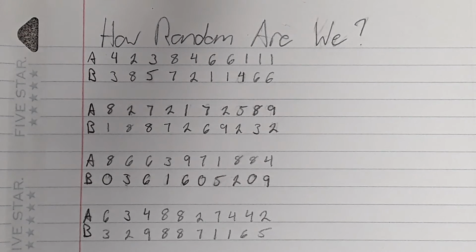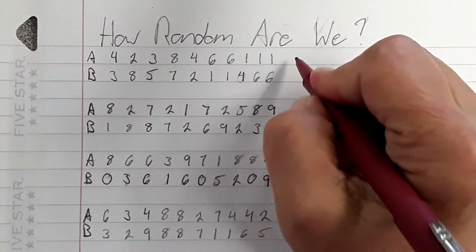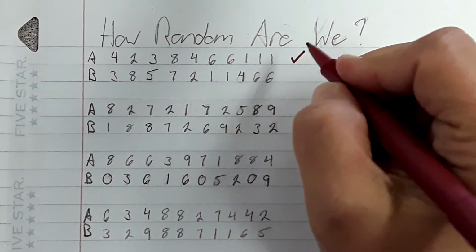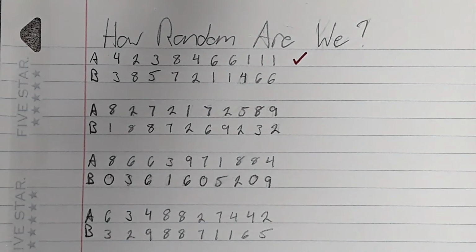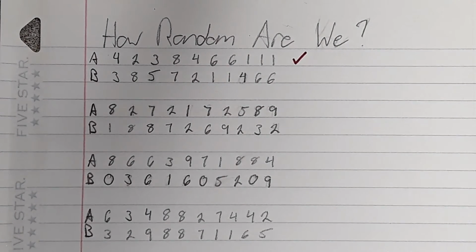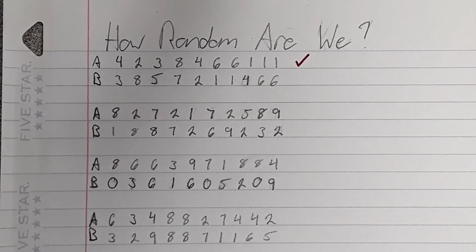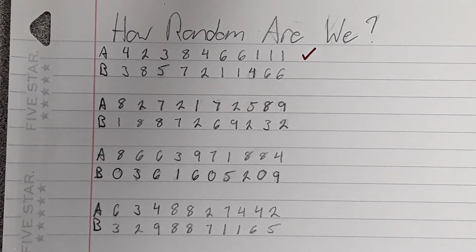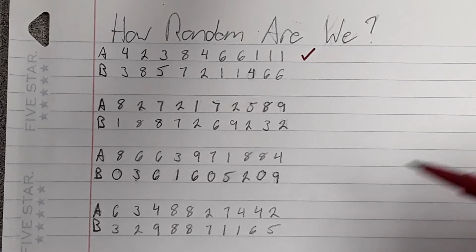A is the calculator. You erase things. I think you gave yourself away. Yeah, that's how you can tell. Look at the number.